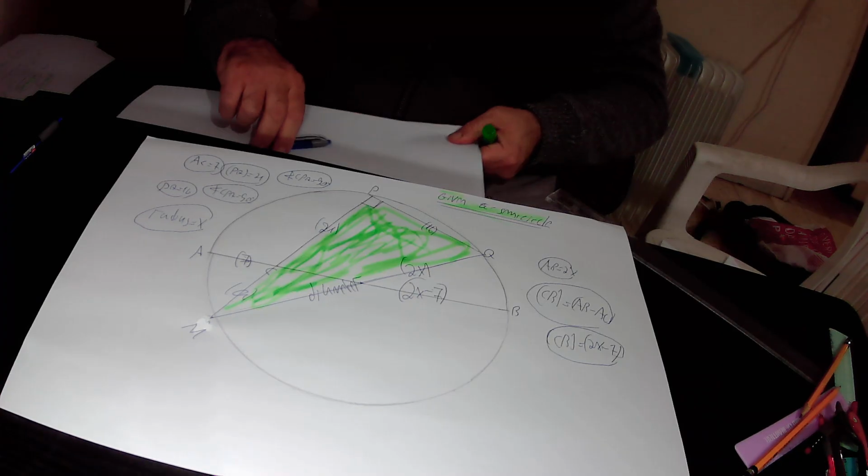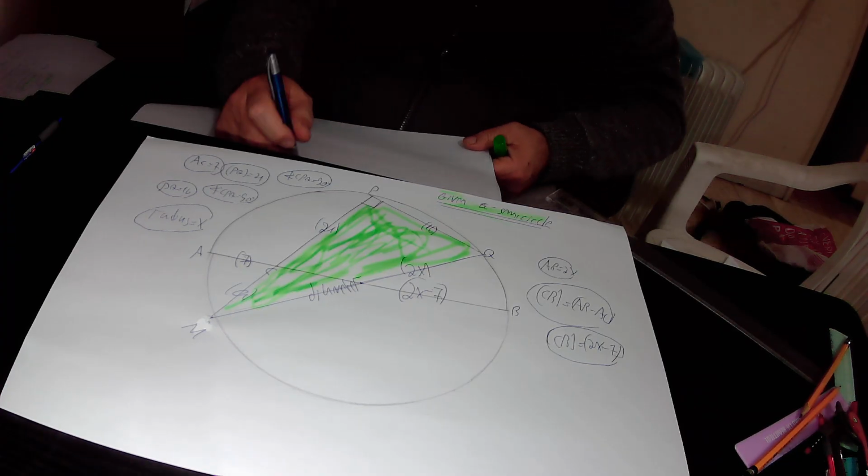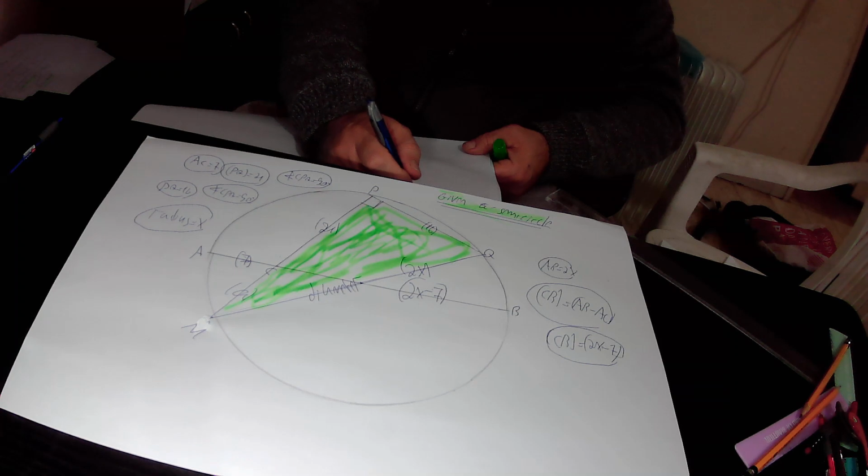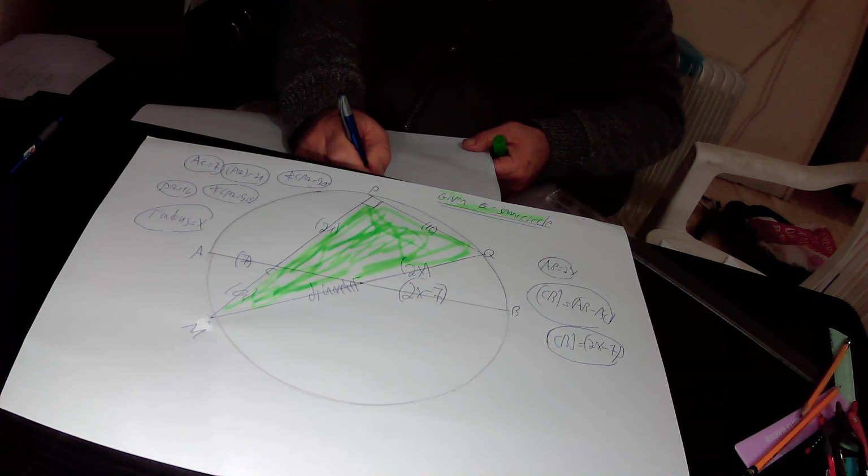So I denote here by PT the progression for the Pythagoras theorem.